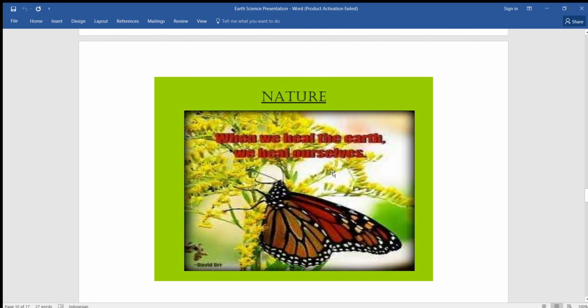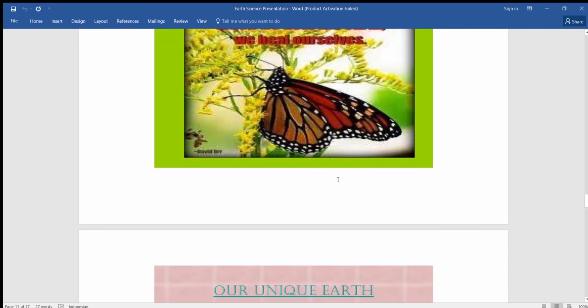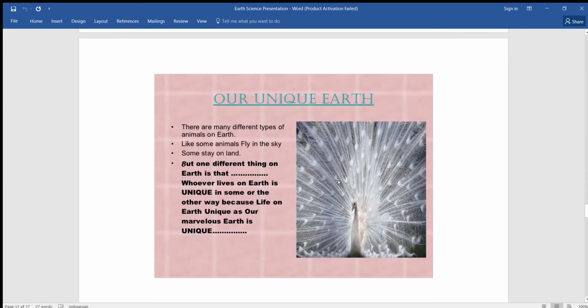When we heal the Earth, we heal ourselves. And we heal basically our nature. Makikita na natin ang mga extinct na species, di ba? Marami na tayong mga halaman at marami tayong mga animals na extinct na. So kailangan nating i-heal ang nature, i-heal ang Earth para bumalik tayo sa dati nating kalagayan.